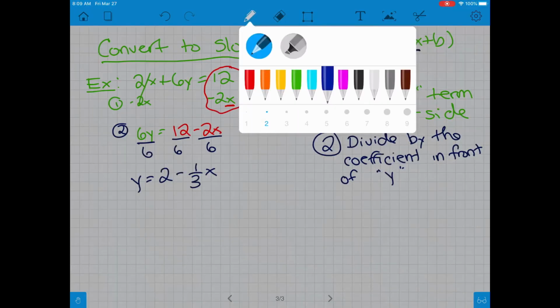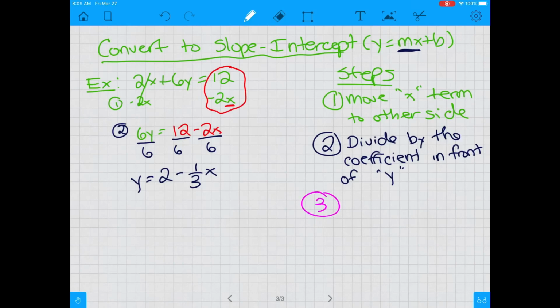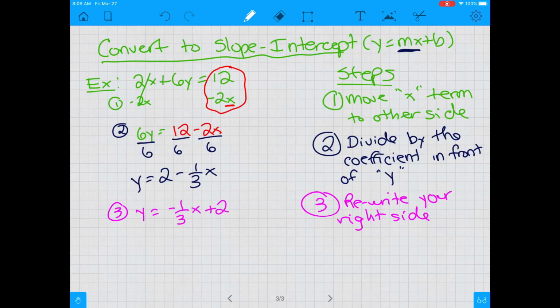So my step three, we'll do this in hot pink. Step three is going to be rewrite your right side. So for my step three here, all I have to do is move the negative 1/3 x in front and the 2 to the other side.